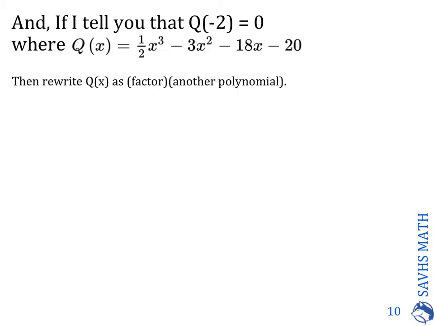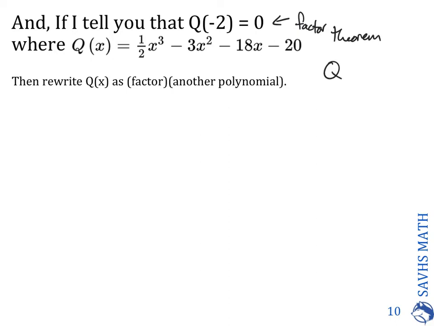Here's one more type of way that I might give you some information about this polynomial, about q of x. I'm just going to give you a little reminder that this is sort of the way that we would write the factor theorem.